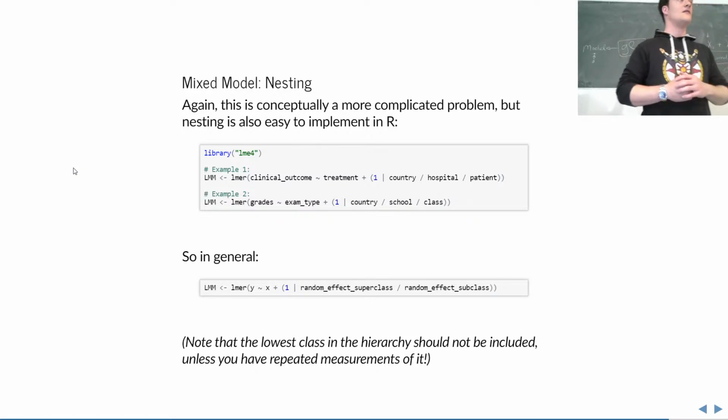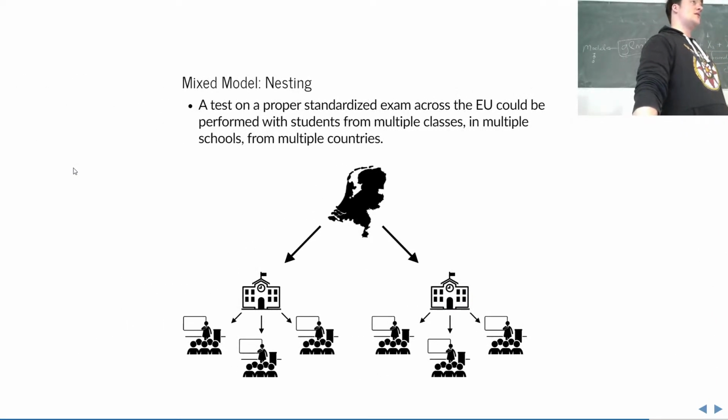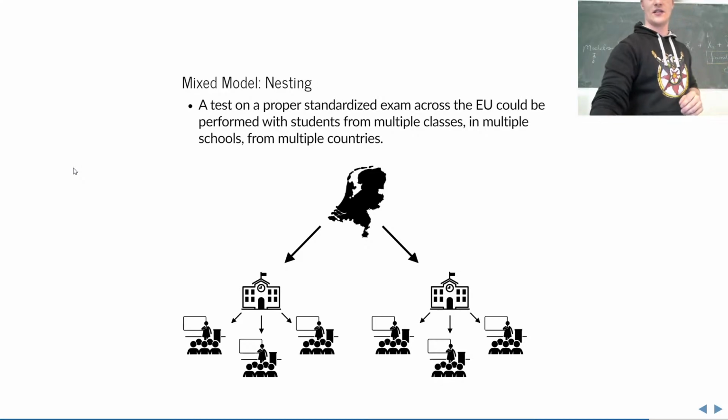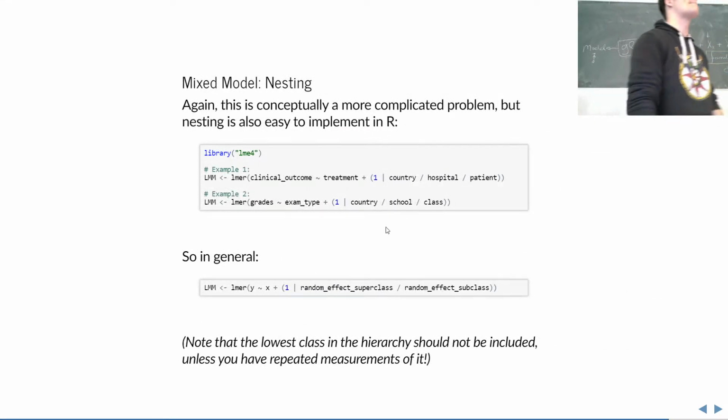Depends. If I only take one student out of each class, then I would not include that as a random effect. But I'm sampling multiple students from each class. So students nested in class, nested in schools, nested in countries. That is the nesting structure in this case. So then you would add class, not student.